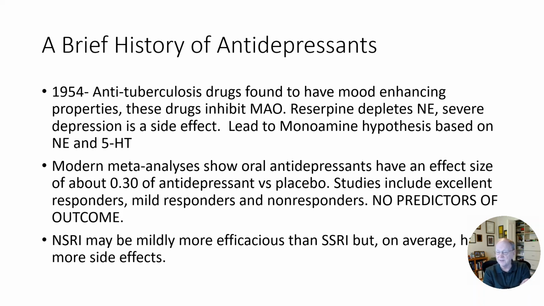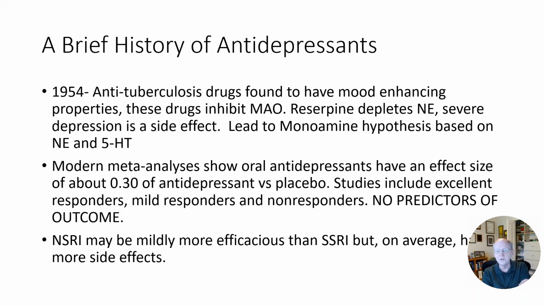And it was found that these anti-tubercular drugs inhibited monoamine oxidase, preventing the breakdown of norepinephrine and serotonin. By coincidence, around the same time, an antihypertensive named reserpine was developed, and it was found it depletes norepinephrine, and it was discovered that severe depression was a side effect.